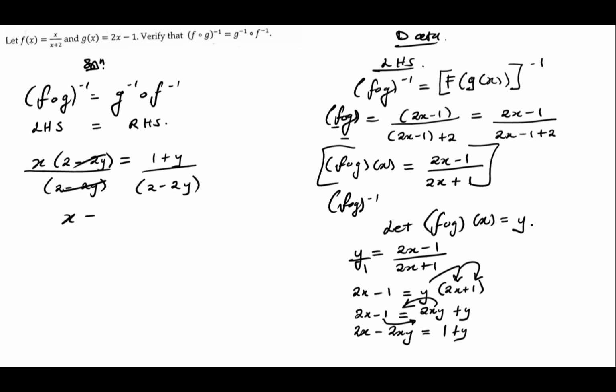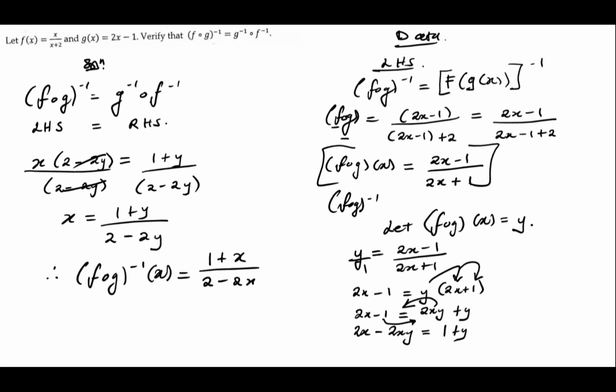This gives us x being equal to 1 plus y over 2 minus 2y. This simply means that the f of g inverse of x, or rather, even without the x, because in this case we're having the y's, we just have to substitute wherever there's y and put x. So you can say f of g inverse of x is equal to 1 plus x over 2 minus 2x.